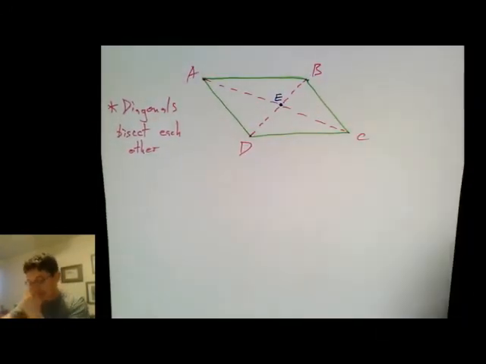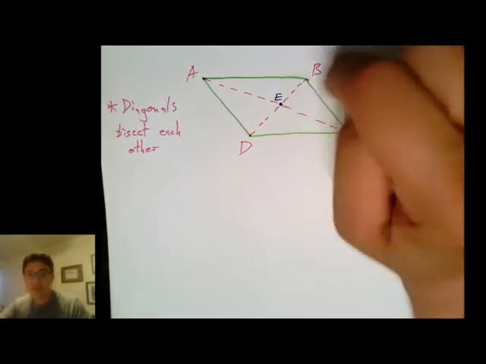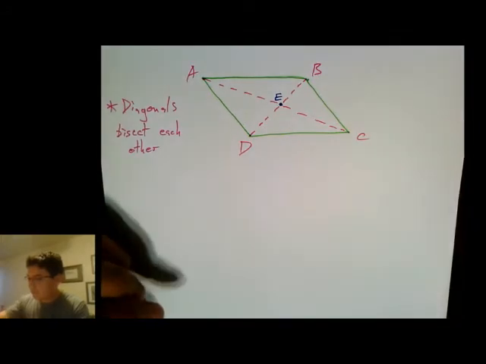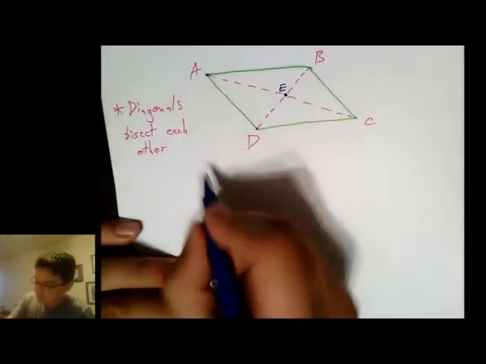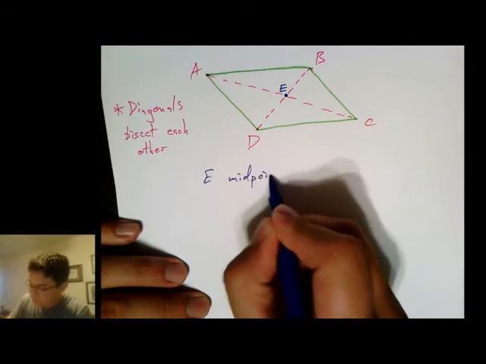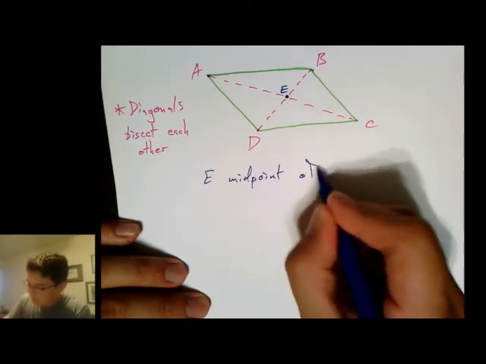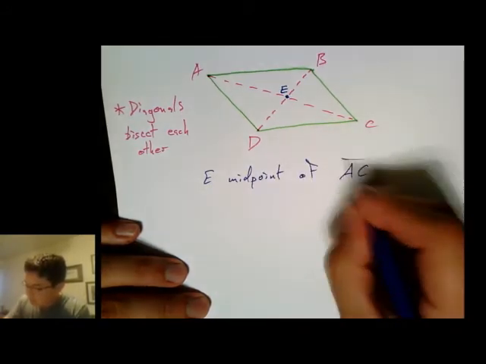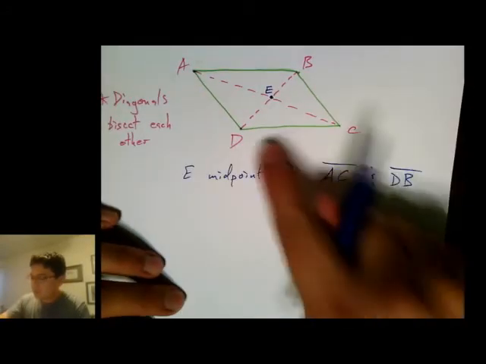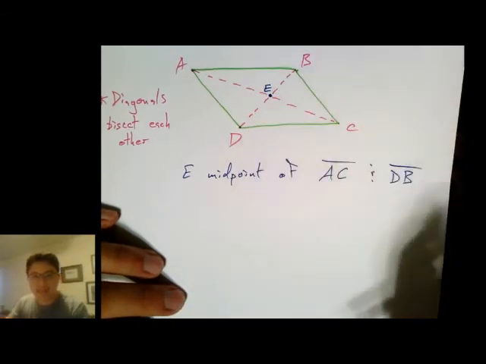What this means is that E is the midpoint of the segment DB. So let me write that down. E will be the midpoint of the line AC and the line DB. So this line and this line, E is the exact middle.